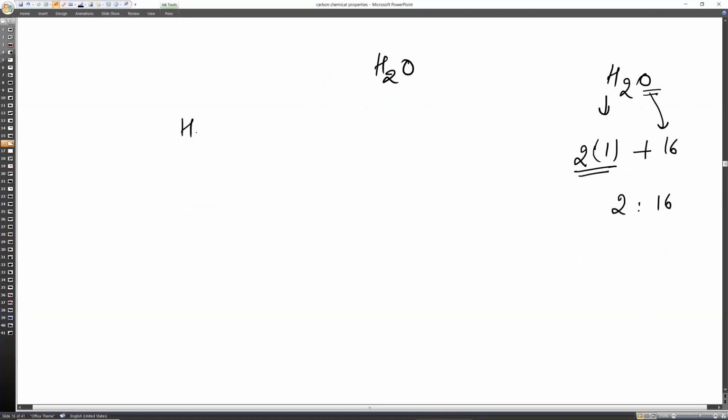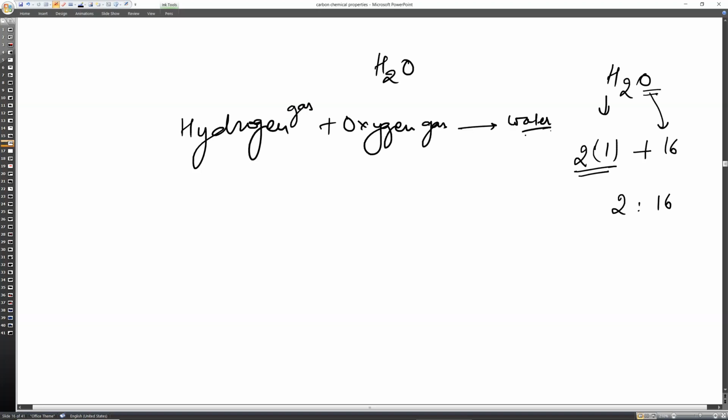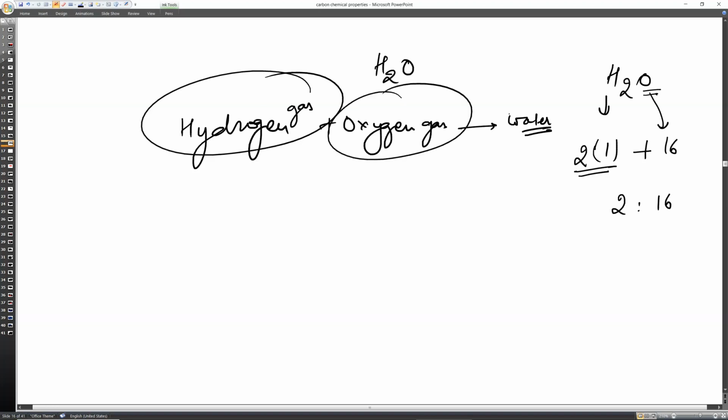Means if I take hydrogen reacting with oxygen gas, then it will give you water. Got it? Now this is H2, this is oxygen gas, and they are reacting, so the same ratio will be there.